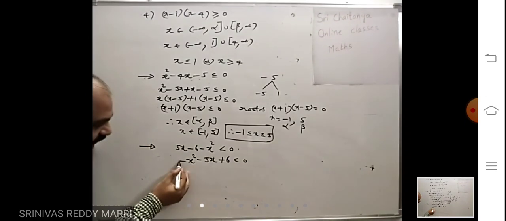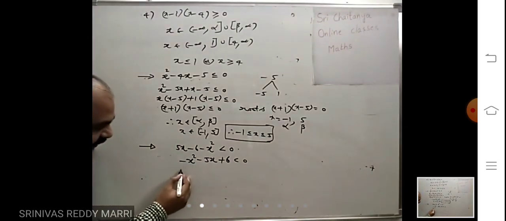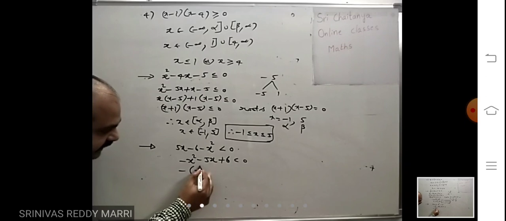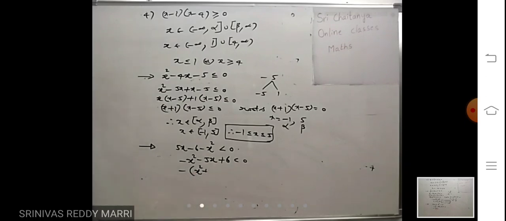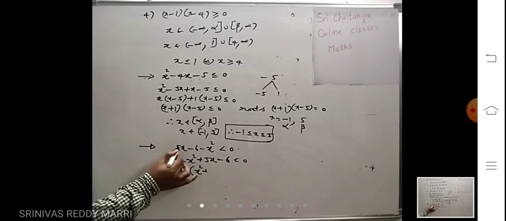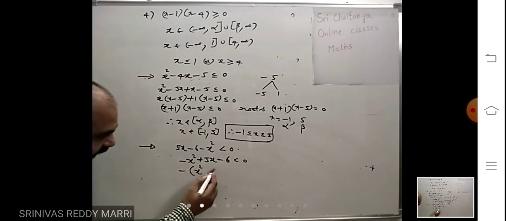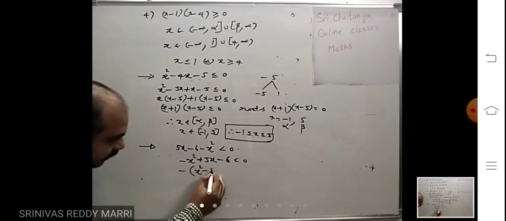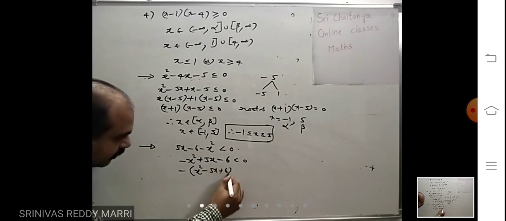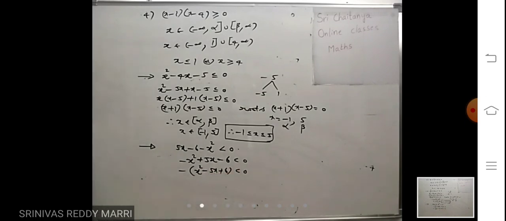Now look at, before x square negative is there, first make it positive. Minus x square plus 5x minus 6 less than 0. Now I am taking minus common, less than 0. Right? Now I have taken minus common.